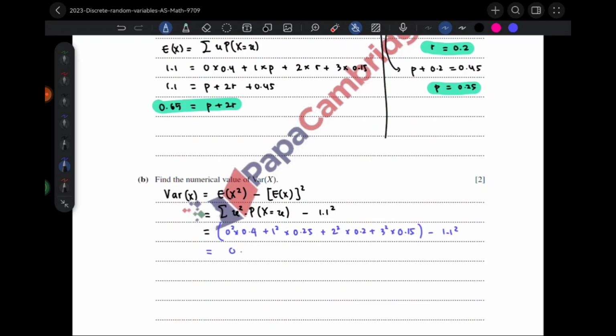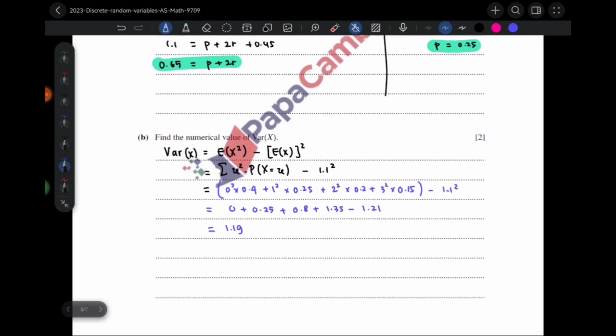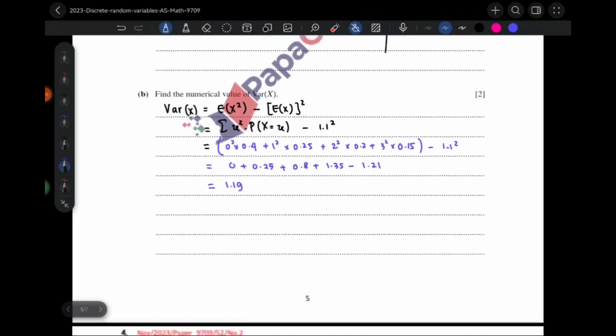So this is 0, this is 0.25, this is 0.8, and this is 1.35, minus 1.21. So we get 1.19. This is the value of the variance of X.